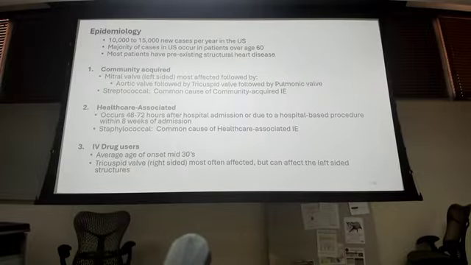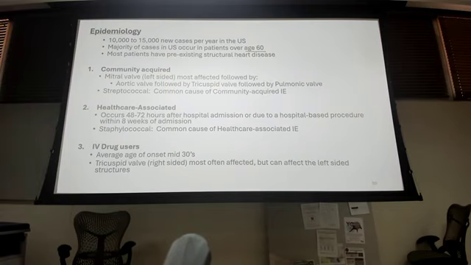And we talked about how it's a rare condition in the United States, but there are 10 to 15,000 cases a year. The most common person at risk is going to be your elderly male patients, around age 60, because they have some kind of cardiac disease.